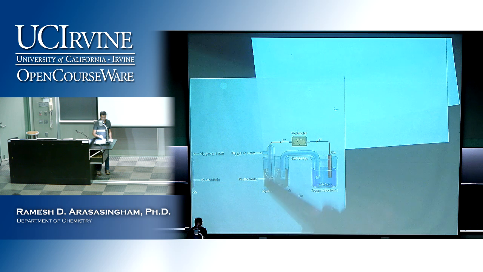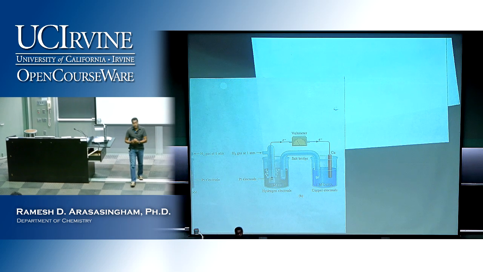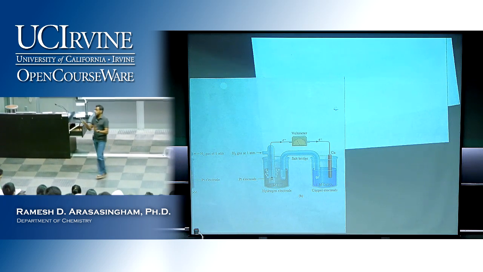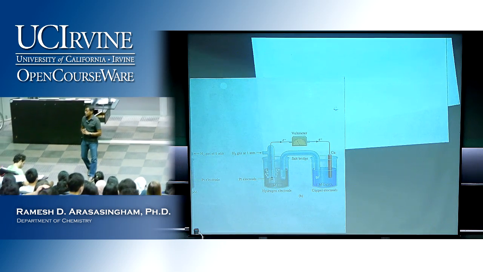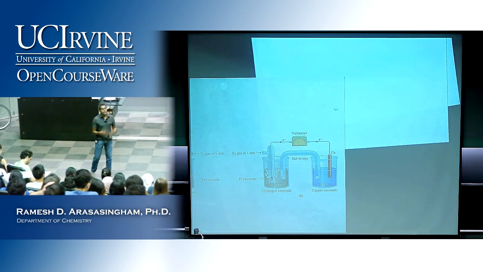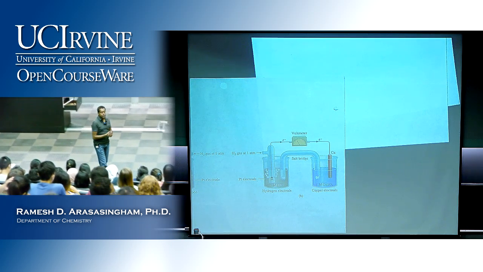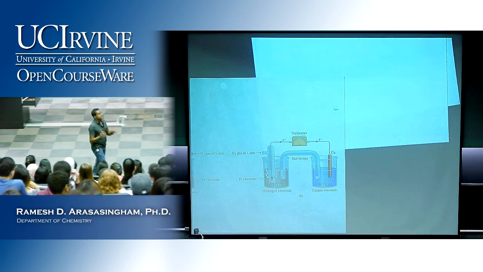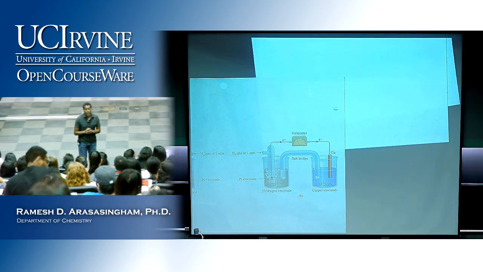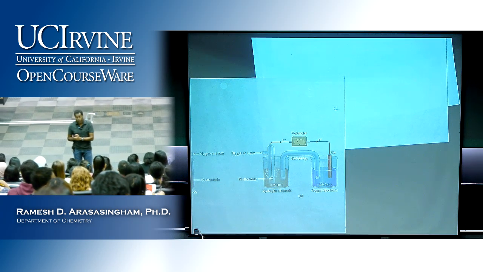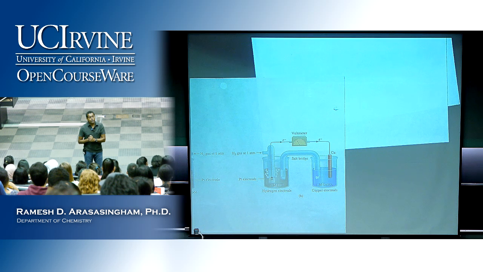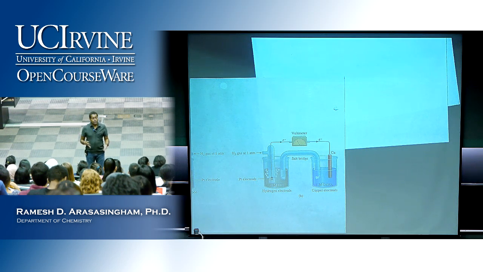This is where electrons are being pushed out, and it goes around, and the electrons on this side are being pulled in. You see that? So these are all examples of galvanic cells. All right? And a galvanic cell is an electrochemical device that takes advantage of a spontaneous reaction. It has to be a spontaneous reaction if you're going to have a flow of electrons to the wire. A galvanic cell is another name for batteries. This is the underlying principle for all batteries.